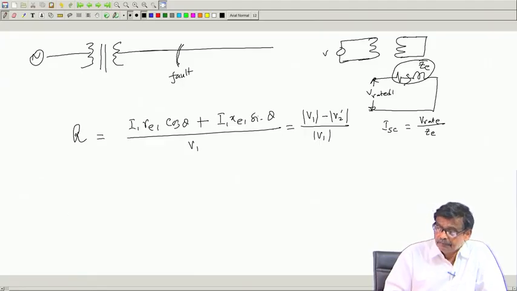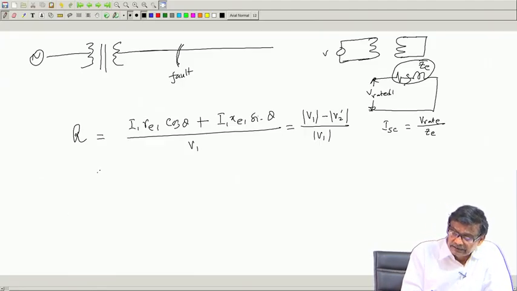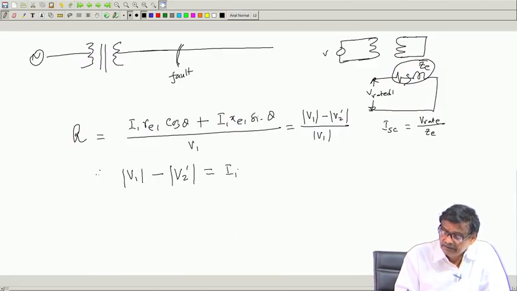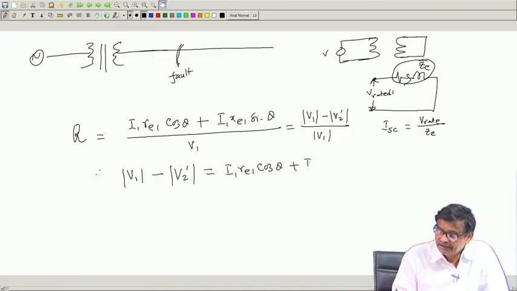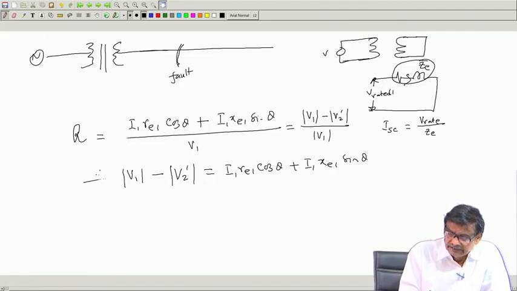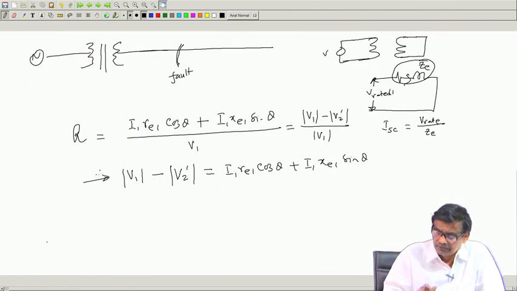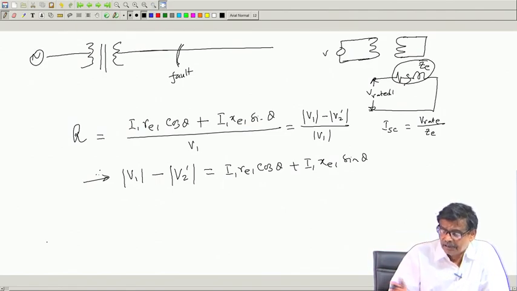Therefore, you see that the numerator only, V1 magnitude minus V2 dashed, is this one: I1 Re1 cos theta plus I1 Xe1 sin theta. What does this thing mean? This expression is often used to calculate one important thing apart from regulation.